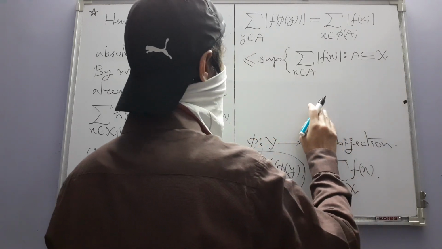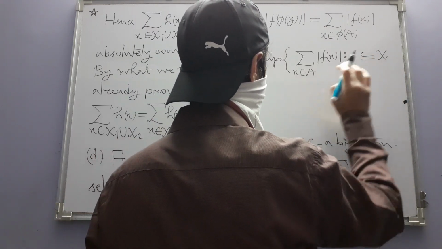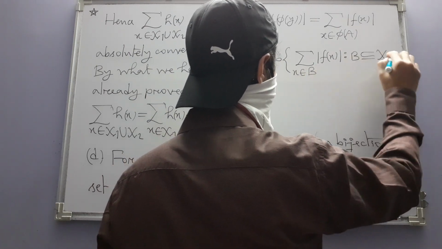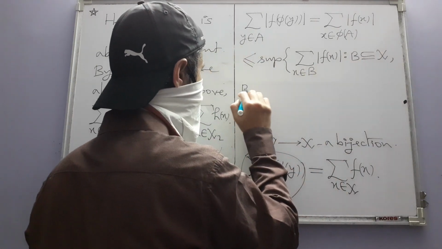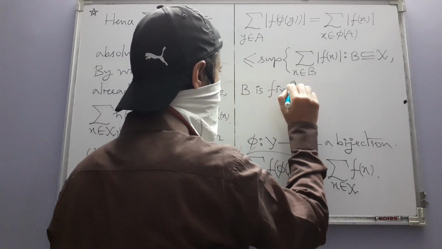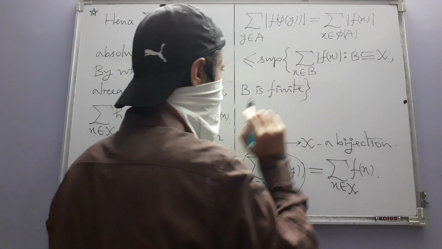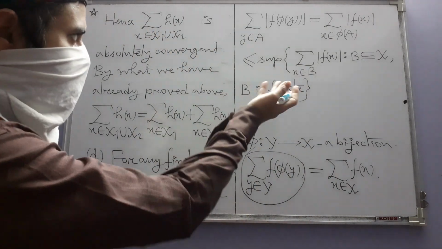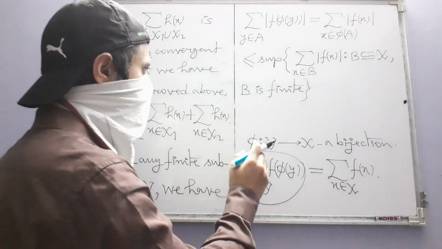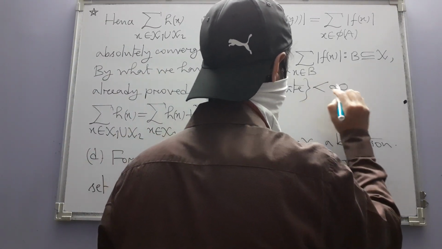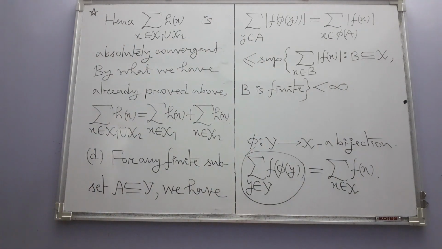Oh, this a and that a can create a lot of confusion. So let me use something else here, say b. Okay, that is just what supremum is, the least upper bound, and it is given that this is less than infinity.